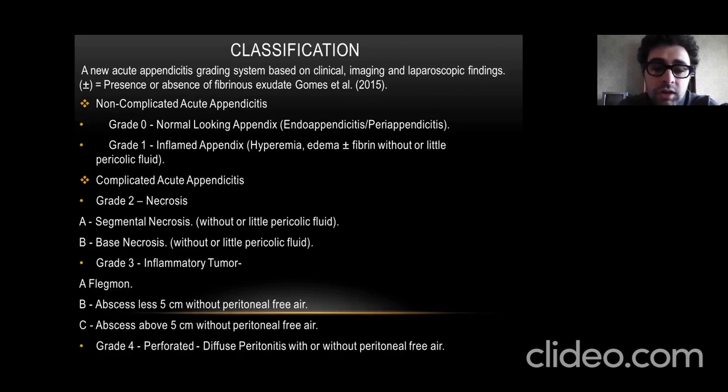You should remember, all Russian classifications are pathogenetic, and American classifications are financial. Non-complicated: grade 0, normal; grade 1, inflamed. Inflamed means, for the Russian classification, simple and phlegmonous. Complicated: grade 2, necrosis, gangrenous; grade 3, peritonitis, segmental or diffuse, abscess; and grade 4, perforated.